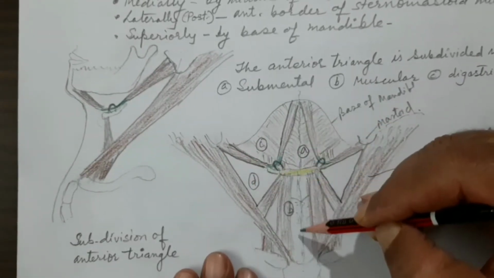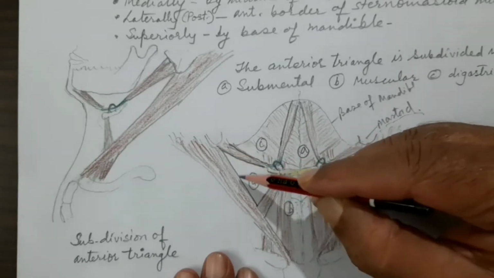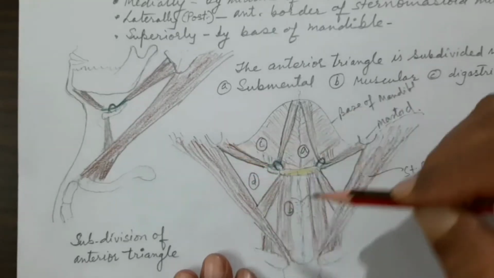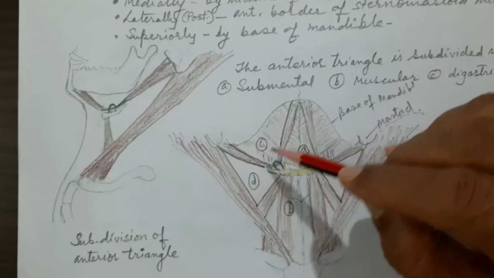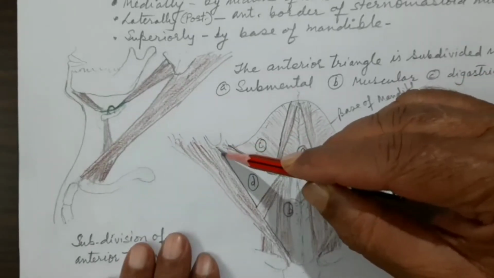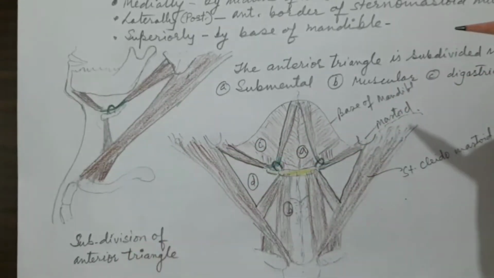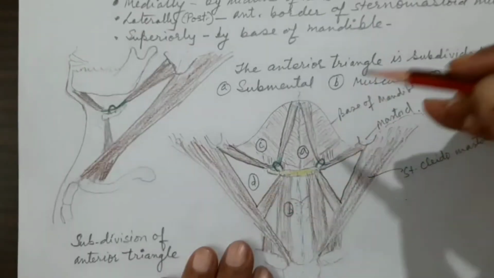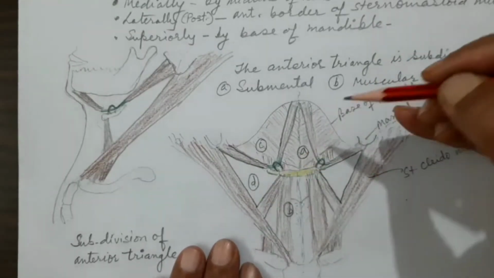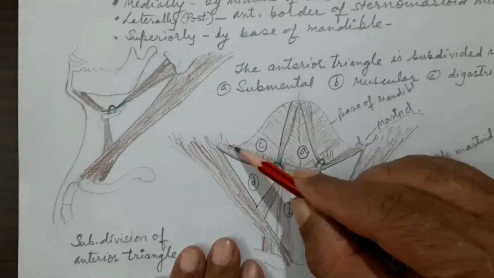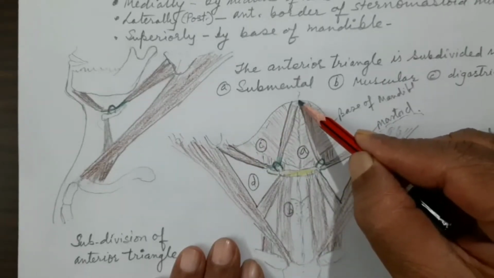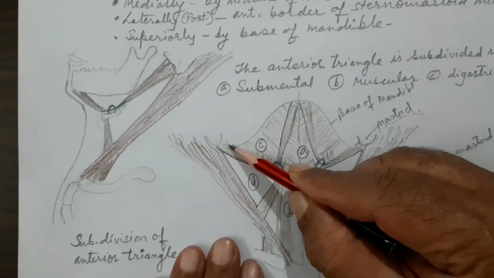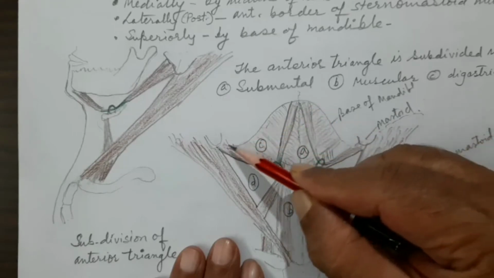So one border was here medially and this is lateral, or sometimes it is also called the posterolateral boundary, which is formed by the anterior border of the sternocleidomastoid. Superiorly, it is bounded by the base of the mandible from the midline right up to the angle of the mandible, that is the base of the mandible.